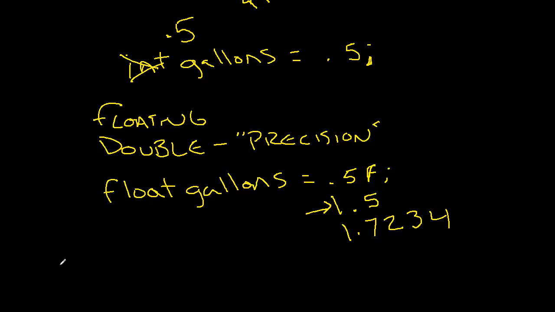So the last one, and I'm going to go over this real fast, and hopefully I'll be able to elaborate on it later, because we are going to use a lot of chars. Chars stand for characters.